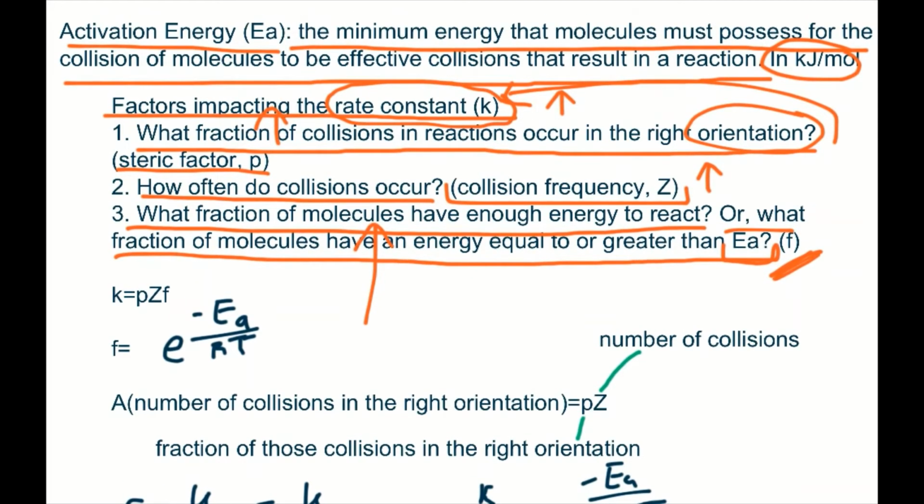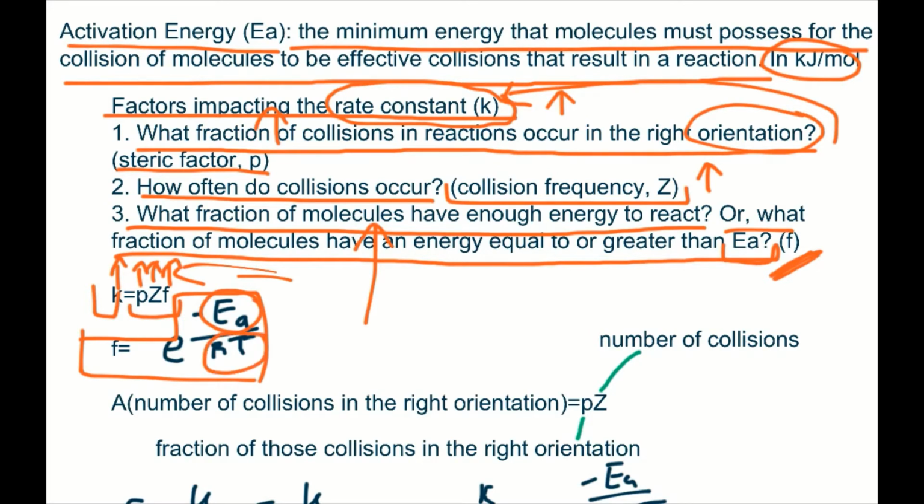So now we can combine these three factors into one equation, saying that K is equal to P times Z times F. We won't go into exactly the numbers behind this, but just know that if P, Z, or F go up, then K will also go up as well. Now, apparently, a scientist found out that F is equal to e to the negative of the activation energy over R times T.